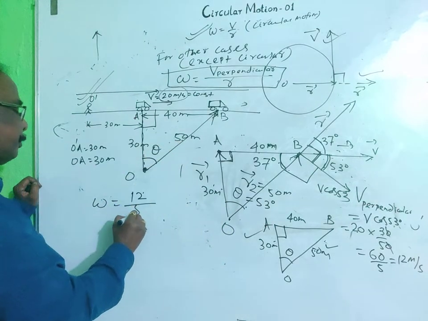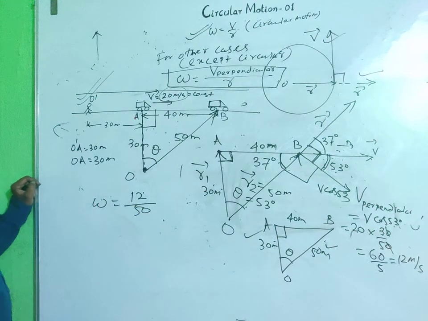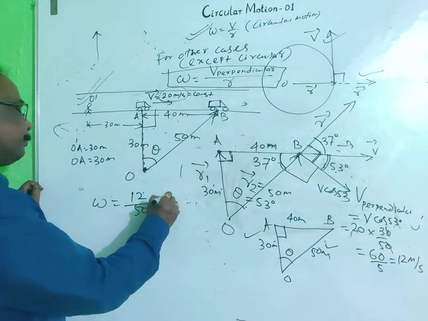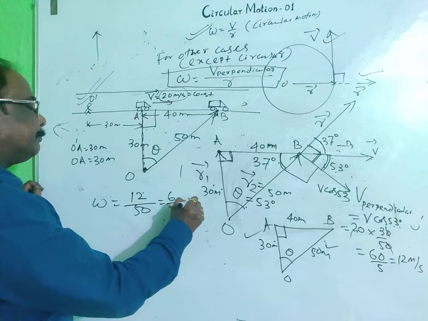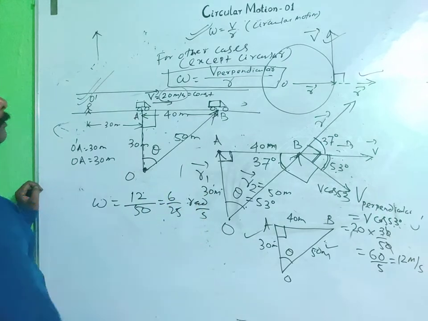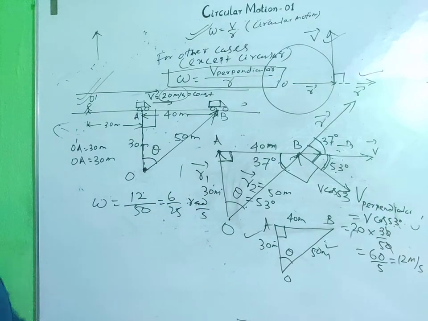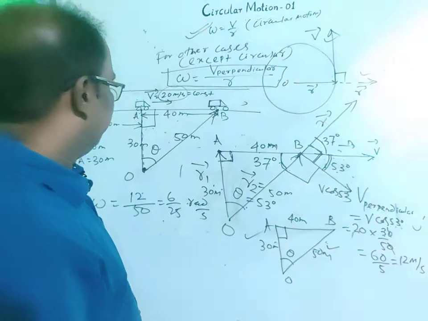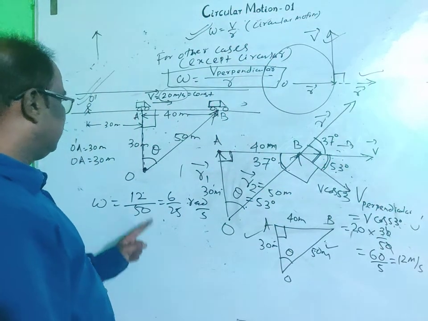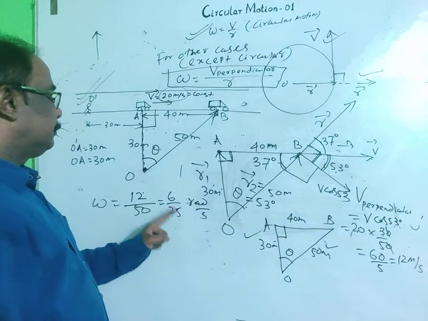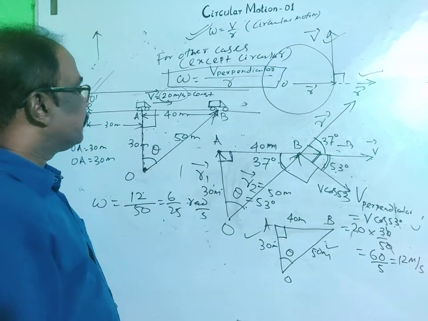So 12 by 50, or 6 by 25 radian per second.